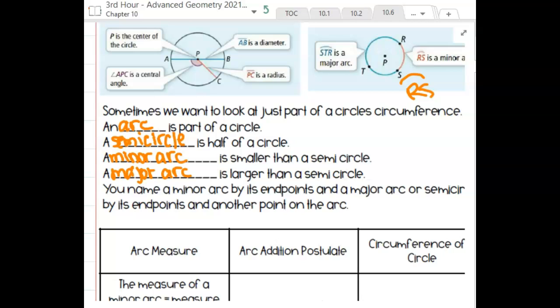So you could call this arc STR, or you could go the opposite way and call it RTS. A minor arc, you just use the endpoints, the shortest distance between those two. But a major arc, you have to have 3 letters, and they have to go in order. So you couldn't say RST, that wouldn't go in order. That would actually be a different one.